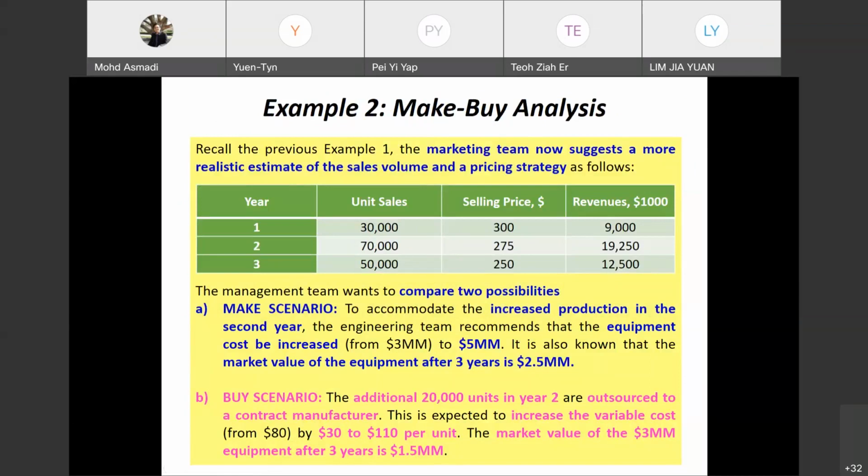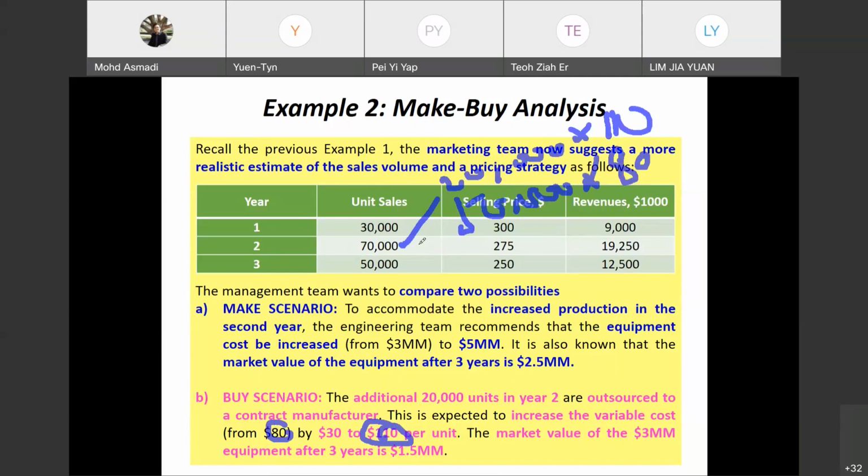The second scenario is the buy scenario. The additional 20,000 units in year 2 are outsourced to a contract manufacturer. Meaning 20,000 times 110, an increase from 80 by 30, and then another 50,000 times the original price, $80 per unit.